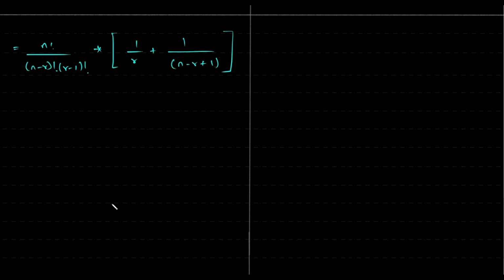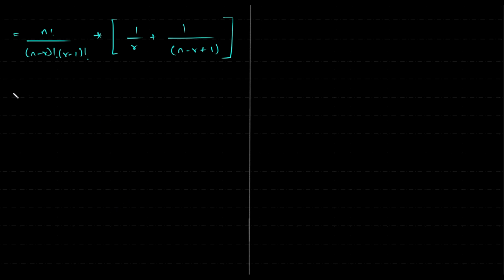Okay, and now a bit of simplification. n factorial divided by (n minus r) factorial into (r minus 1) factorial, and the LCM here is (n minus r plus 1) into r, so it would be so, and in the denominator r into (n minus r plus 1).